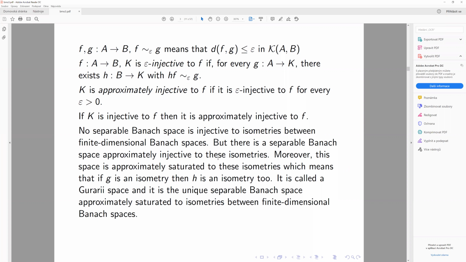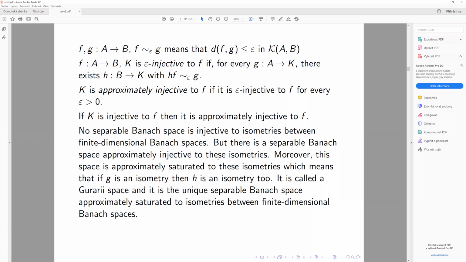Now one knows what are typical properties of these classes of morphisms to which given objects are injective. This is always left cancelable. This is evident: if you have a composition of two morphisms and an object is injective to the composition, then it is injective to the first one, which is immediately visible. And it's well known that it is closed under push-outs and transfinite compositions. So one would like to know what is true for this approximate injectivity.